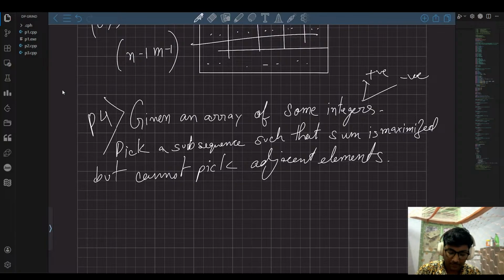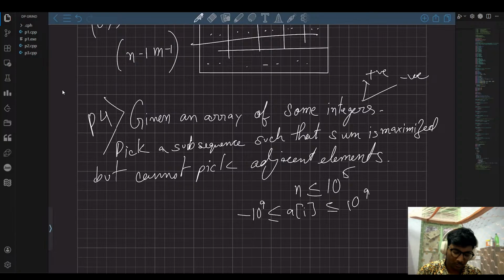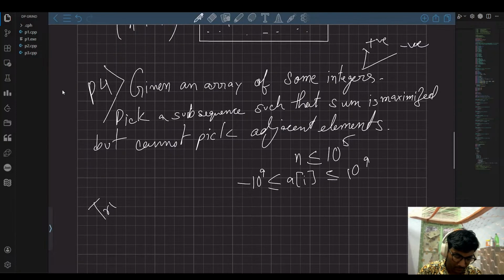Of course, I have to give you some idea that n is up to 10 to the power 5, and of course, a of i is up to 10 to the power 9. So maybe try for 10 minutes.